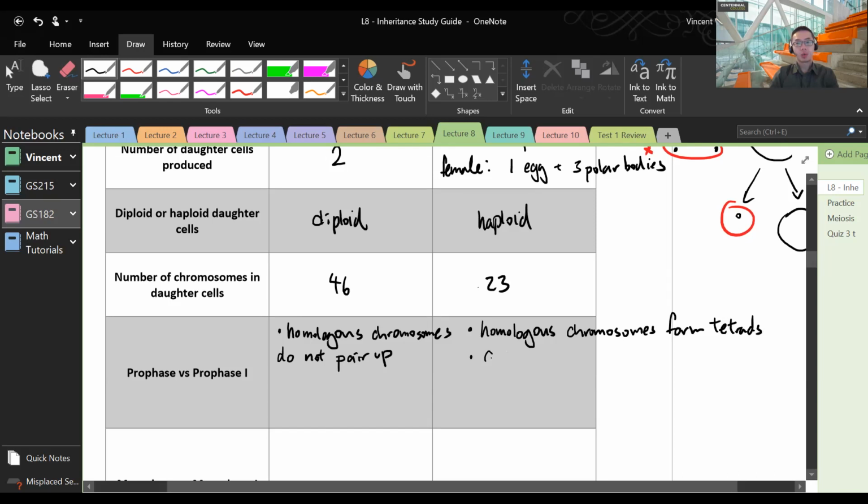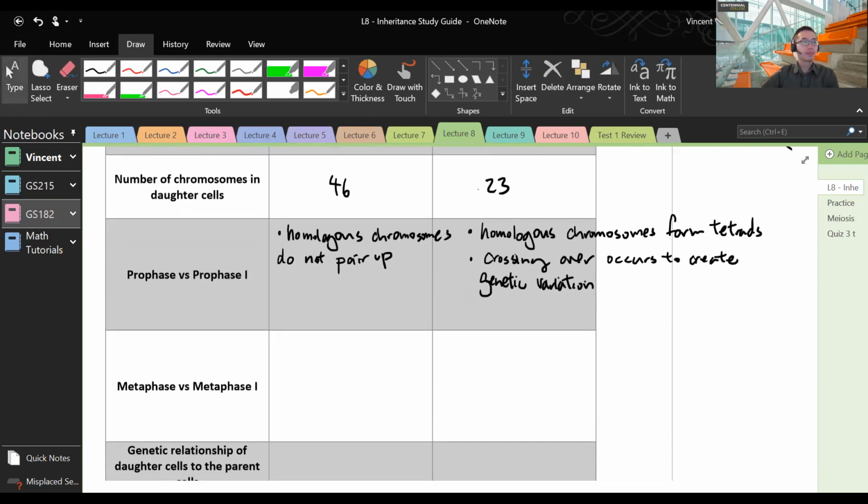Okay. Crossing over occurs to create genetic variation. Okay.